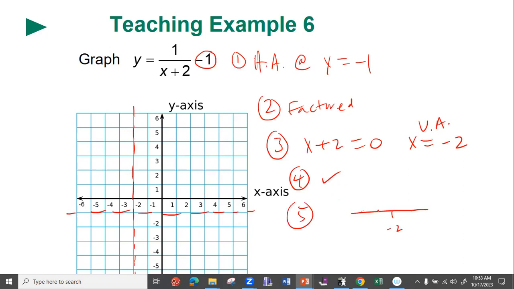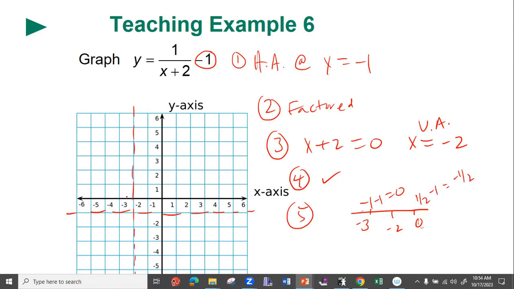So I'm at -2. My point to my left, I'm going to do -3. My point to my right, I'm going to do 0. When I plug in -3, I end up with -1 minus 1, which makes it 0. Does that make sense? When I plug in 0, I end up with 1/2 minus 1, which makes it -1/2.